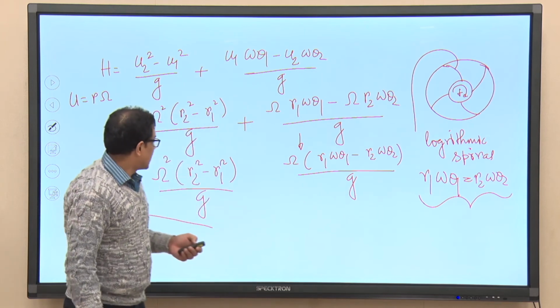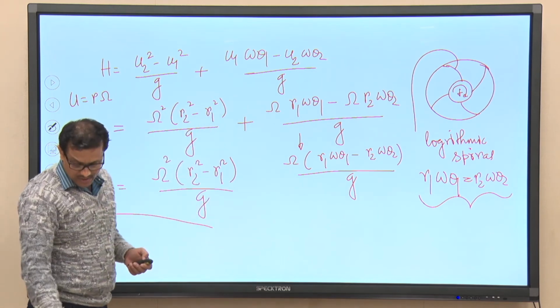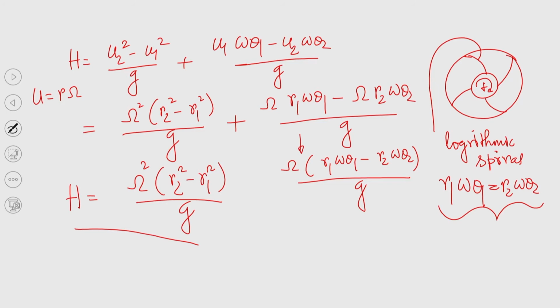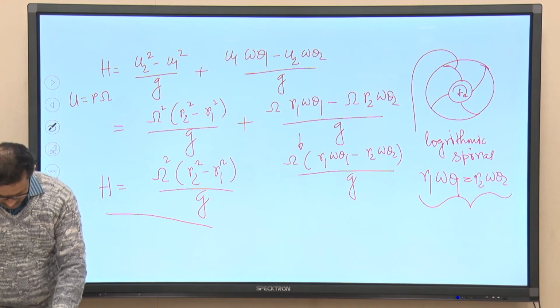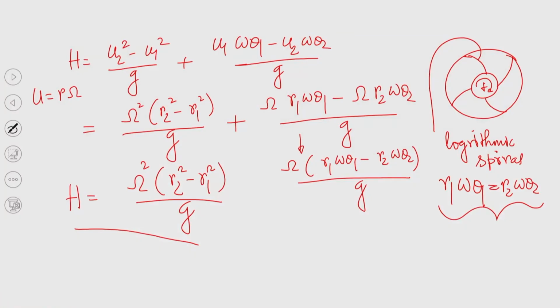Okay. So, for the time being, just quickly we can work out one example, that if we use a logarithmic spiral, then the net head developed by the pump can be written in this form. So, now we will quickly solve one problem to see the implication of this. What I said is that the net head developed by the pump can be written in this form.